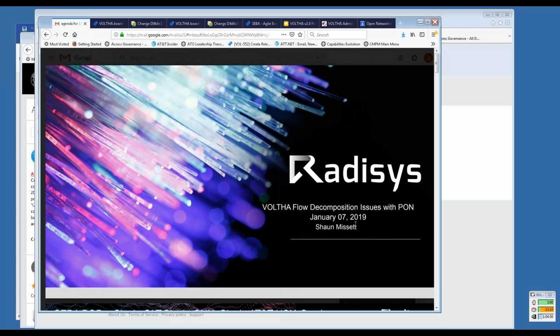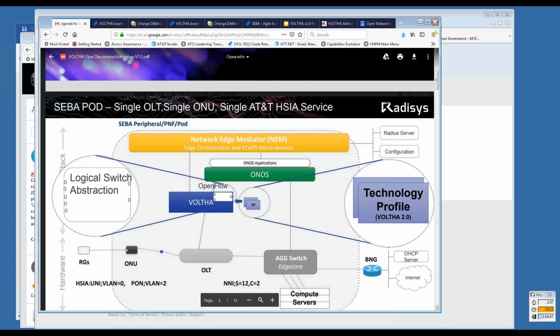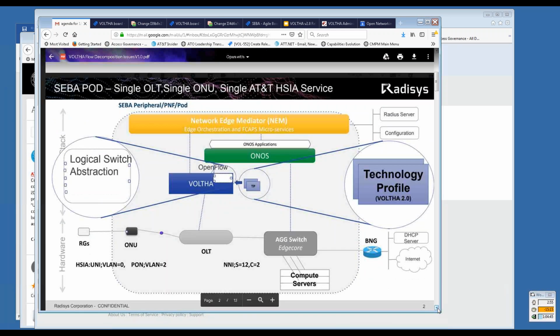Could you just go to the next page, Julie? So this is essentially a picture of a single OLT with a single ONU, and we're going to be talking about a single flow of this high-speed internet access service.